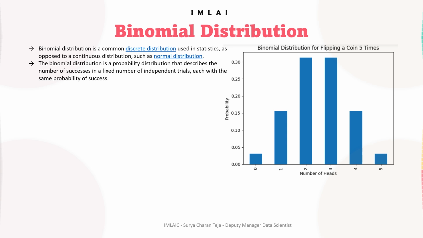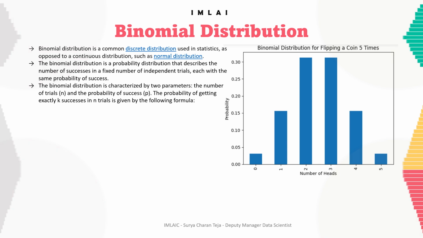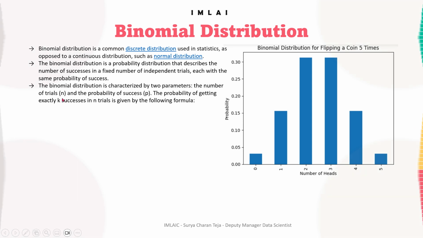Now, how do you calculate the respective probability? The binomial distribution is characterized by two parameters: the number of trials n, and the probability of success p.